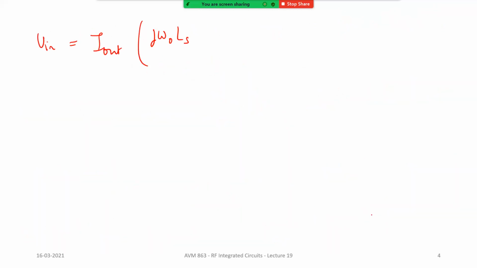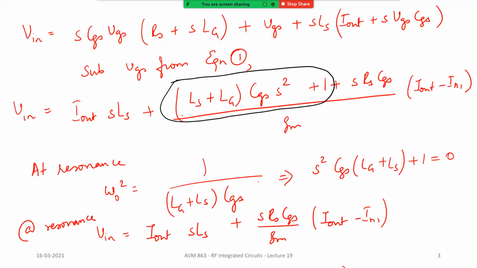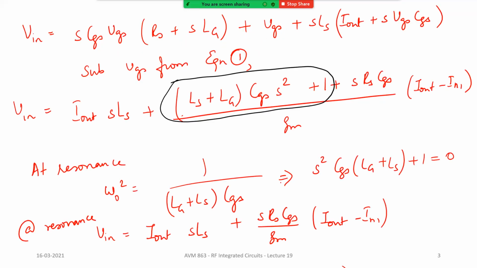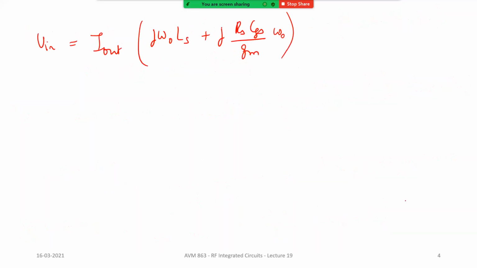So at resonance, it becomes j omega naught times Ls plus j, you have Rs Cgs divided by Gm into omega naught, because of the S term. And what is the coefficient of IN1? IN1, it is basically j Rs Cgs omega naught divided by Gm.